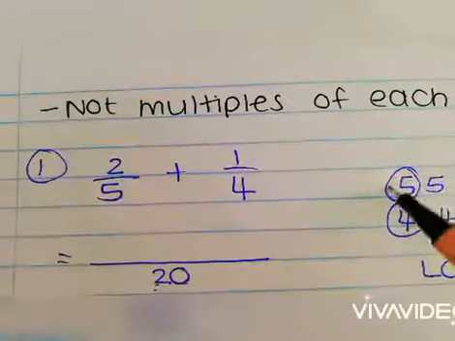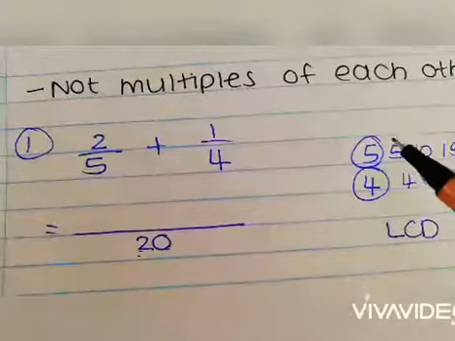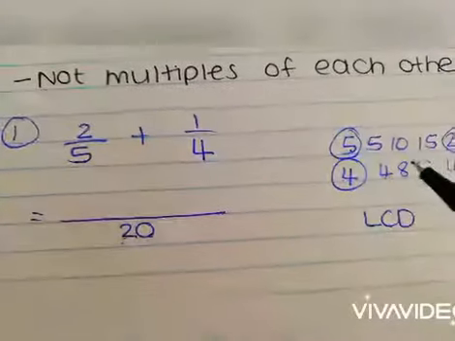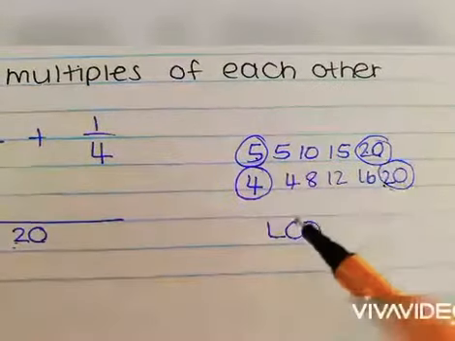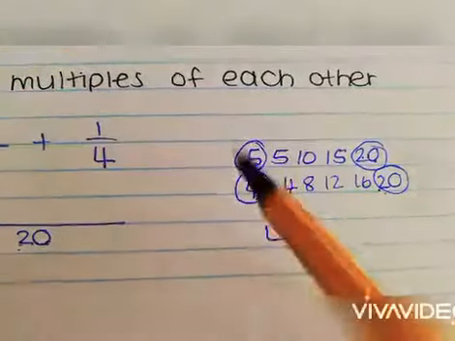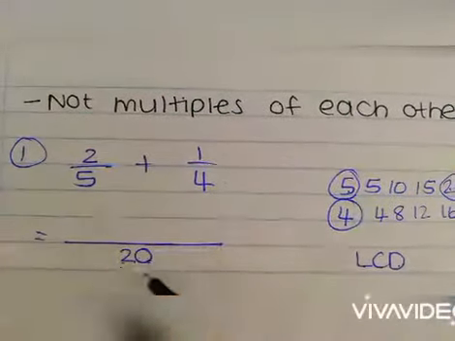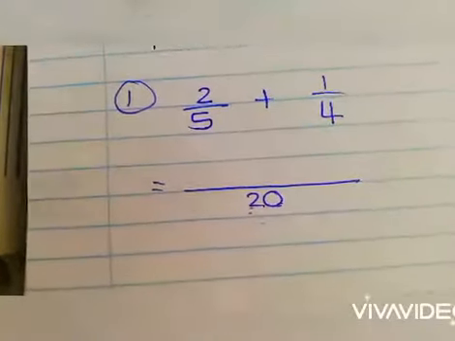You count in 5s and you count in 4s until you find a number that they both share. That is the lowest common denominator of those two numbers. So our LCD will be 20. It's the lowest common denominator that both can reach.